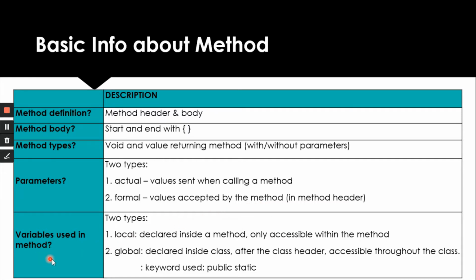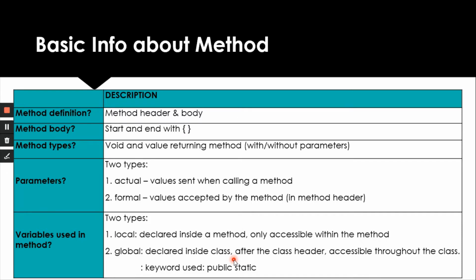Another thing that you need to know in the method topic is about the variables used in the method. There are two types: one is global variable and another one is local variable. A local variable is declared inside a method and it is only accessible within that method. If you try to access the value outside the method, it is not accessible. The global variable is declared inside the class after the class header and it is accessible throughout the class. The keyword that we use for a global variable is public static.